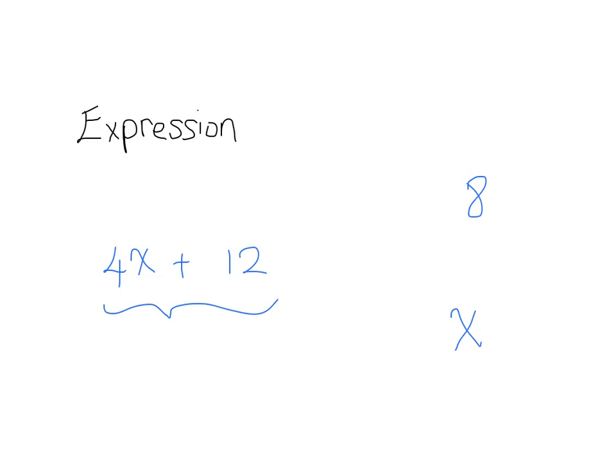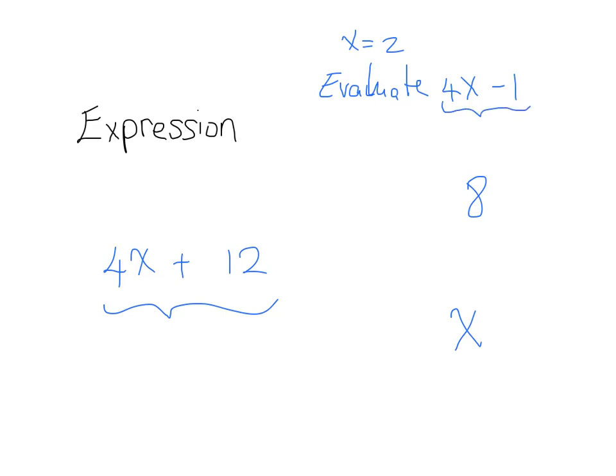Something important to note, people are often asked to evaluate an expression. So for example, if you're told to evaluate 4x minus 1 for x equals 2, a lot of people say, oh, should I solve it? No, you should not solve it.